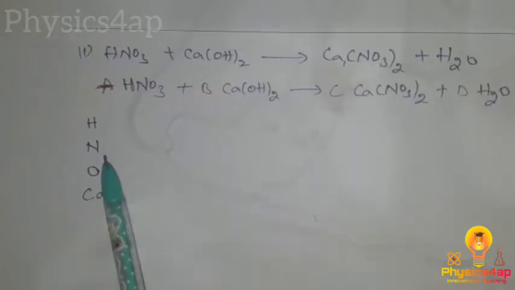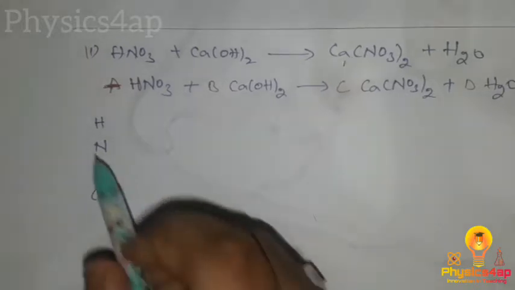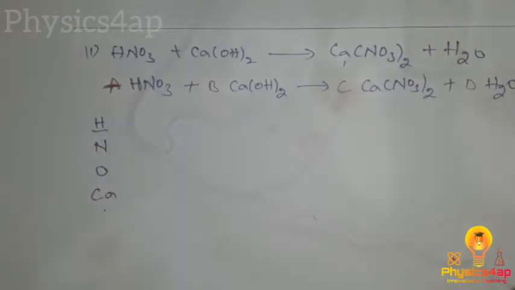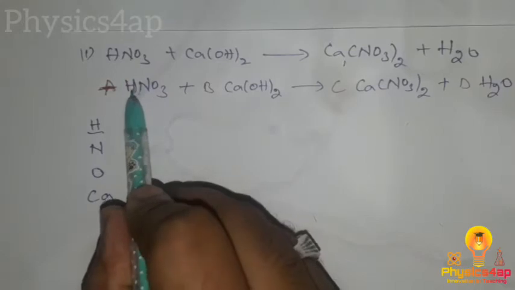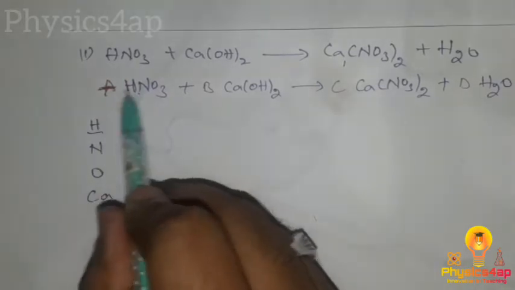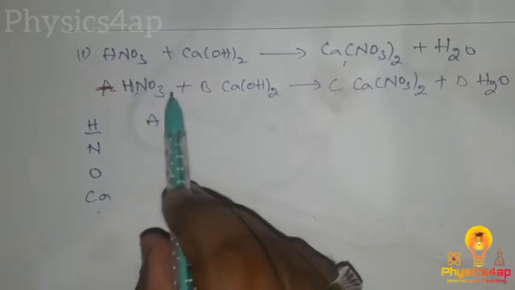So we have hydrogen, nitrogen, oxygen as well as calcium, Ca. Now let us see the coefficients of hydrogen on both sides. Here we have 1, so 1 into A, that is A, so this side is done.